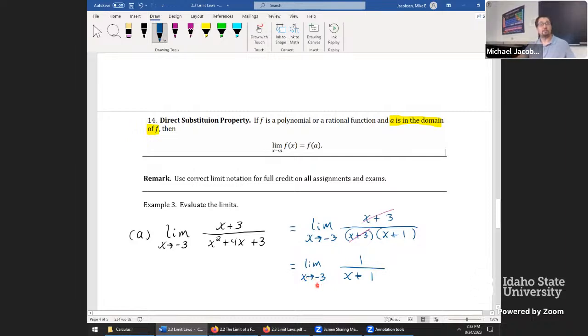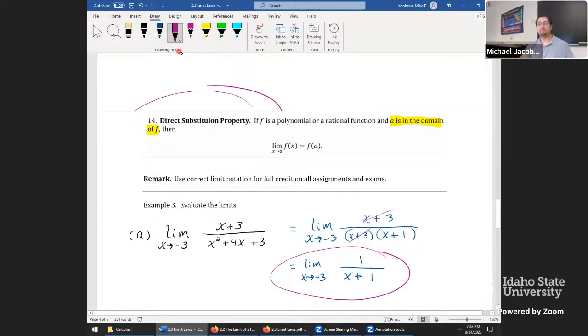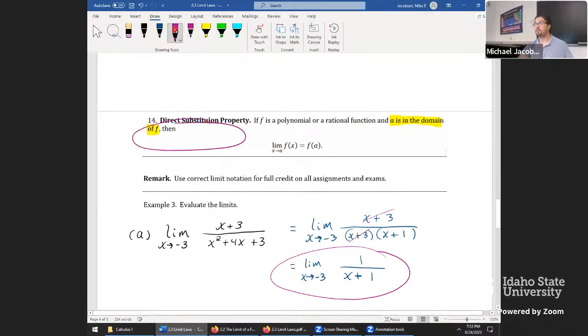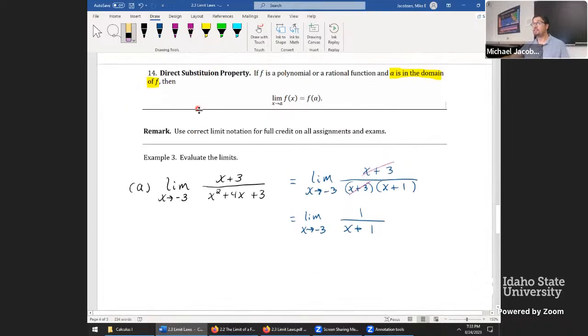So like we were looking at the graphs before, we plugged a hole, and this function right here will satisfy direct substitution because -3 is in the domain of this brand new function. Plug it in right here, and our work is done. So that's what we're going for on these kinds of problems. It's all about trying to find a way to use direct substitution. Any questions so far?